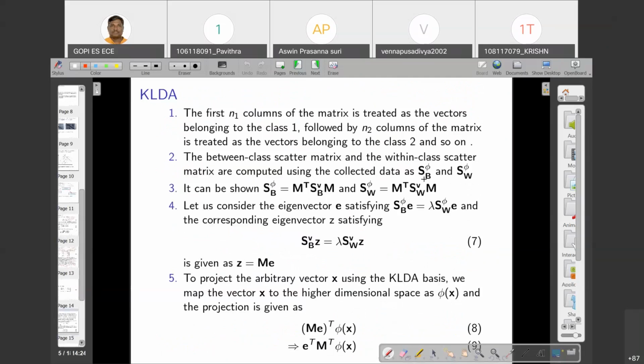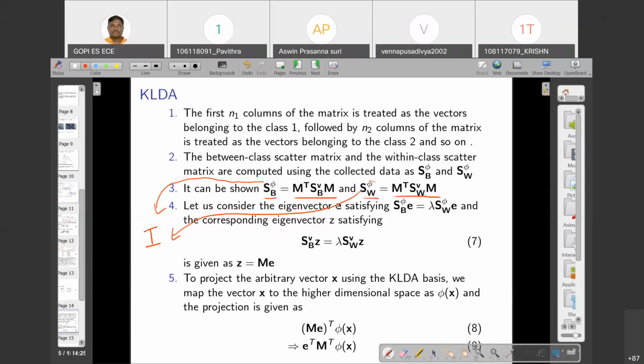So we call M transpose SBVM as SB phi and M transpose SWVM as SW phi. Remember that they are the between class scatter matrix and within class scatter matrix computed using the inner product matrix I.